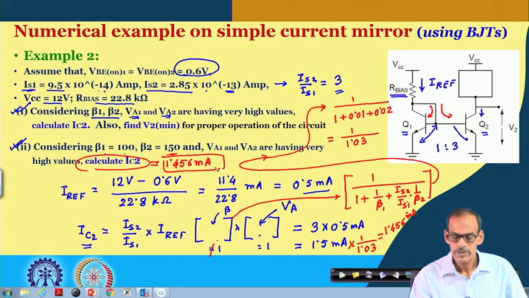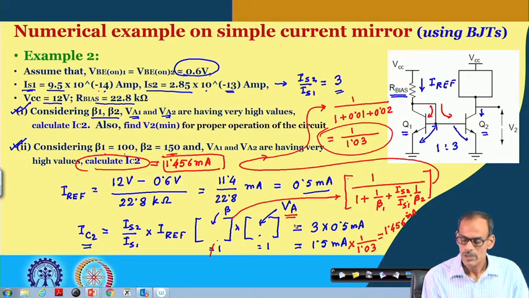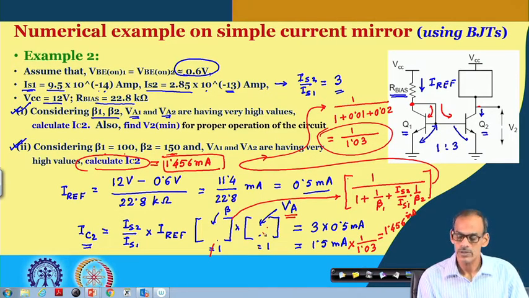So, if I consider finite beta, of course, this current is getting smaller because this non-ideality factor is less than 1. On the other hand, if I consider the early voltage, if this voltage and this voltage are not equal, then again we will be getting the second non-ideality factor.